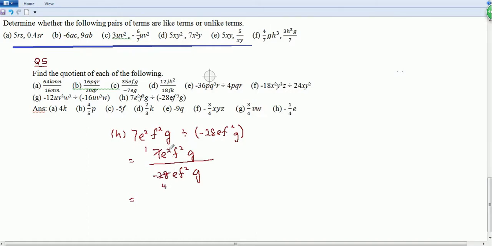Okay, so here we have 2e, here you have 1e, you cancel, you have 1e left here. Okay, so f squared, you just cancel up. g also the same thing, you just cancel up. So the final answer will be 1 over 4, but don't forget the negative here. Negative. And you have 1e left. So the answer is negative 1 over 4e.